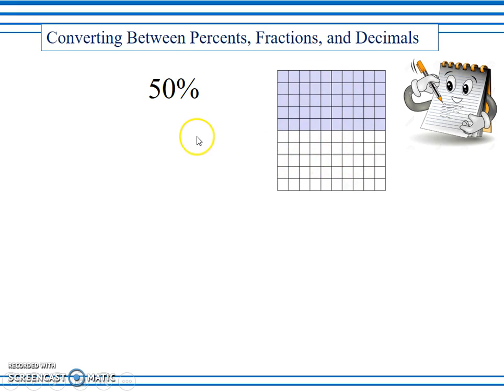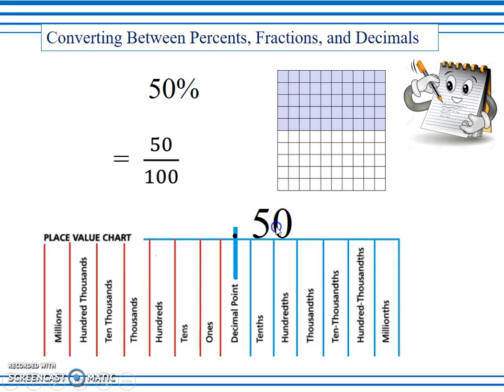We can also write that as 50 hundredths because 50 of the 100 are shaded. So that's how we get our decimal. If 100 is in the denominator, we can say it 50 hundredths and write it as a decimal.